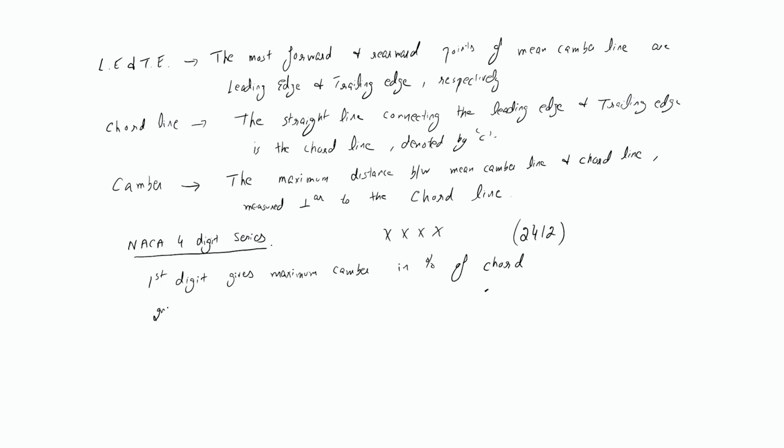Second digit gives the location of maximum camber in tenths of chord, when measured from the leading edge.